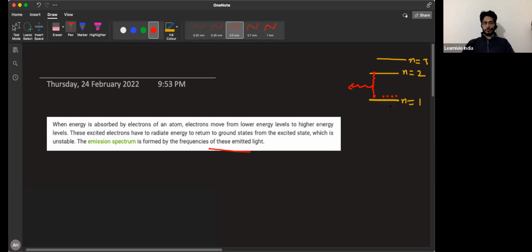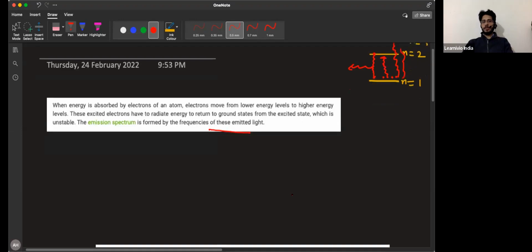Abdullah? Jump. Yes, they will absorb energy. When electrons absorb energy, they go to some higher energy state.